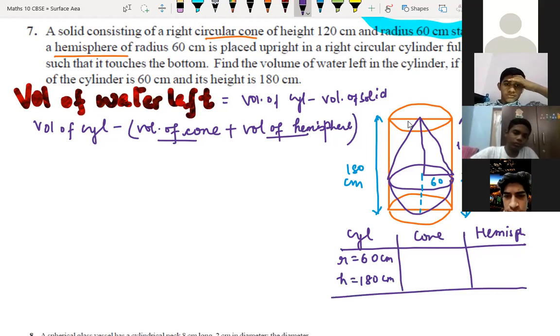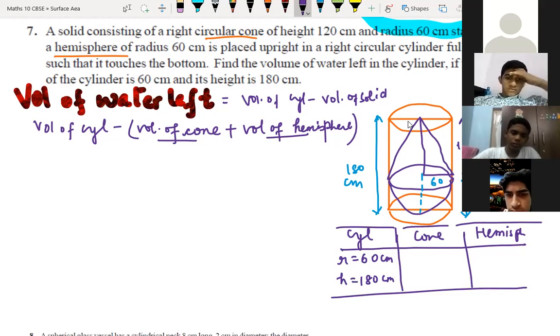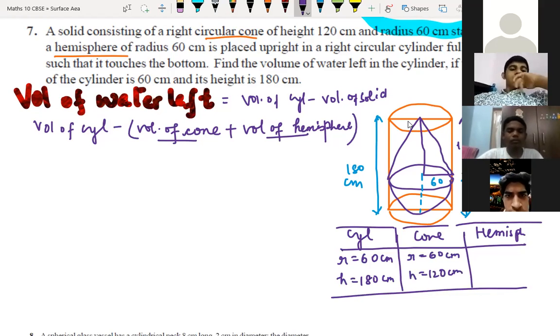First make this in exam time, children, otherwise mistakes happen if you take something common and all. And the cone radius is 60 centimeter only and height is 120 centimeter. We don't require L, so we are not finding L. For the hemisphere, the radius is 60 centimeter.